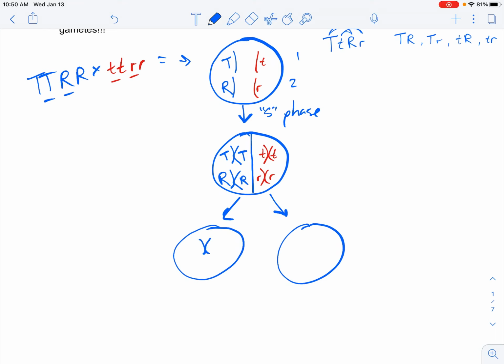So then we're going to end up, this is a good review of meiosis anyway, we're going to end up with that in one of them, and we're going to end up with that in another one.